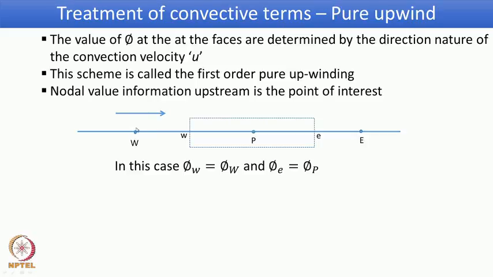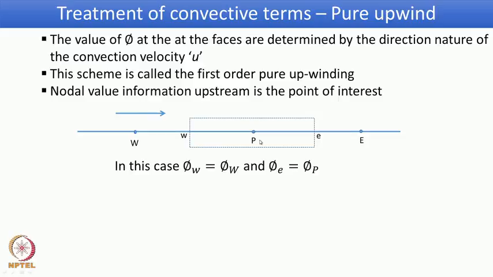So, the variable available at this node is given, and the variable at this face is the same as the variable at this node. So, phi at w equals phi at node W. Similarly, for the east face, upstream of this east face is node P for the direction that we have shown, left to right. So, phi at e is the same as phi at P.